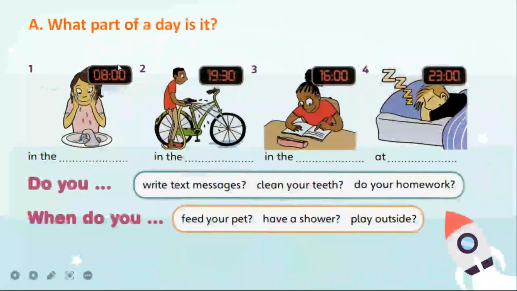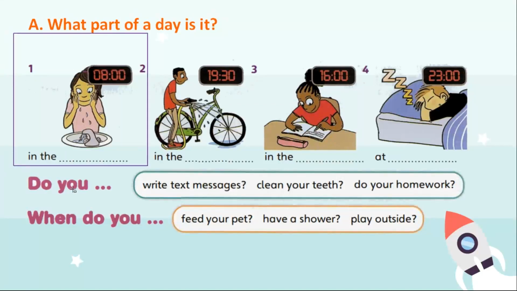So now I want you to look at the time. What part of the day is it? Number one, what part of day is it? When do you wash your face? It's at 8 o'clock. Okay, so it is in the morning. You cannot say in the 8 o'clock.